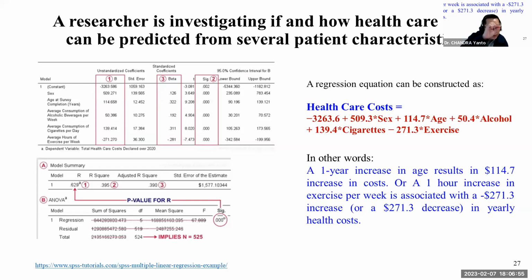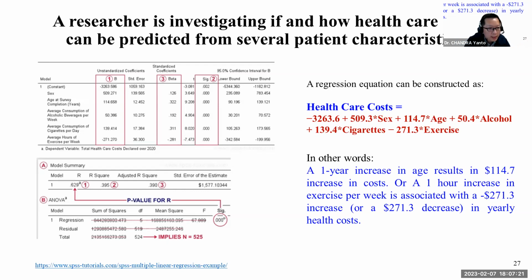So you're looking at sex, the age, how much they consume alcohol, how much they consume cigarettes, and the hours of exercise per week. So you're going to use these 1, 2, 3, 4, 5 independent variables to predict the total healthcare cost as a dependent variable, right?